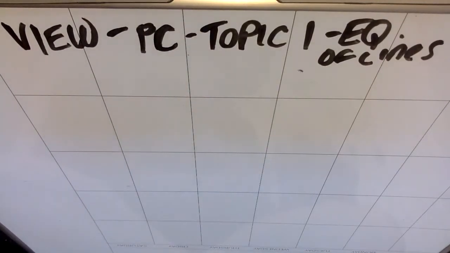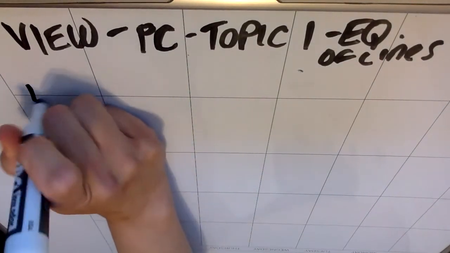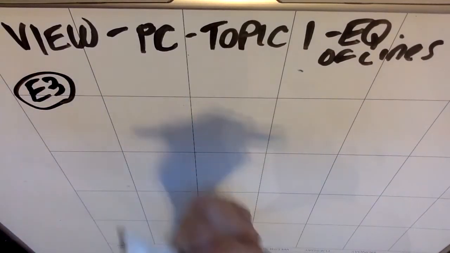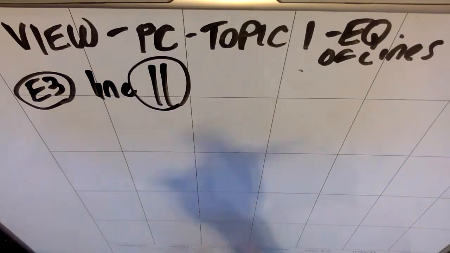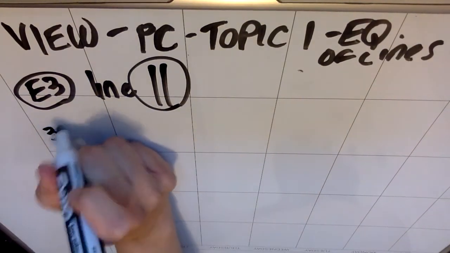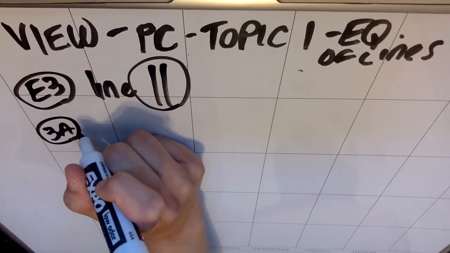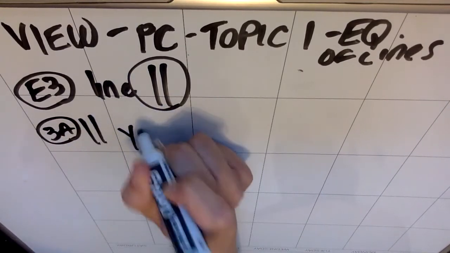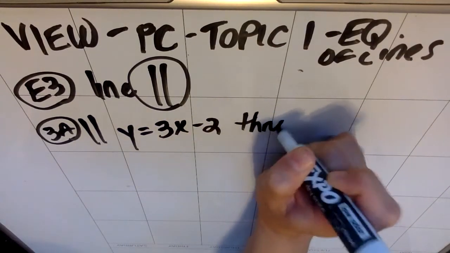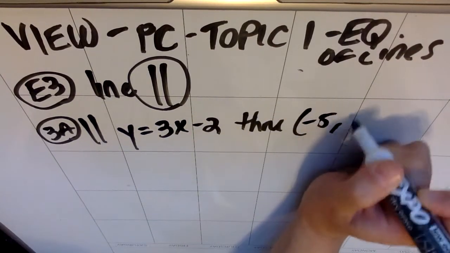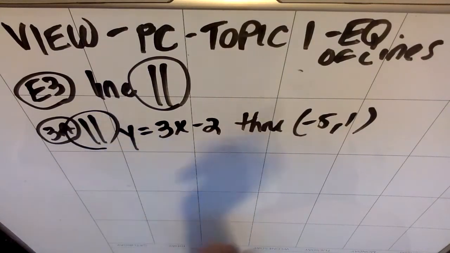In example 3, we're asked to find equations of parallel lines, right? So we want the line that is parallel, and we can use these tall lines to indicate parallel. So 3a: we want parallel to the line y equals 3x minus 2, and we're asked to go through the point (-5, 1). What parallel tells me is same slope.